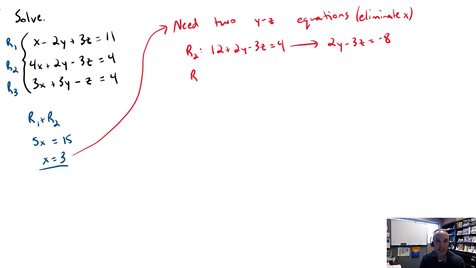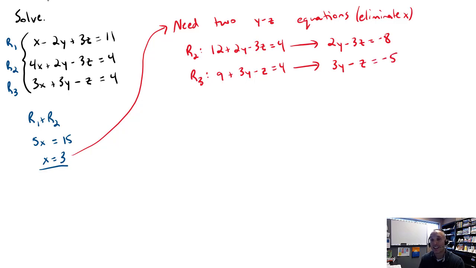And then row 3, if I plug 3 in for x, is 9 plus 3y minus z equals 4. And same idea, let me fix my typo, 3y minus z there. Subtract the 9 over, and I get positive 3y minus z equals negative 5.